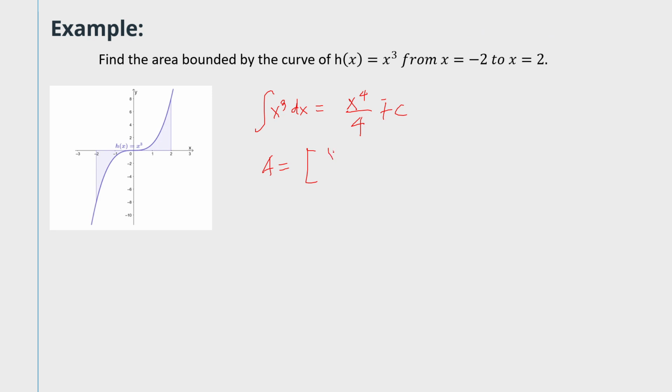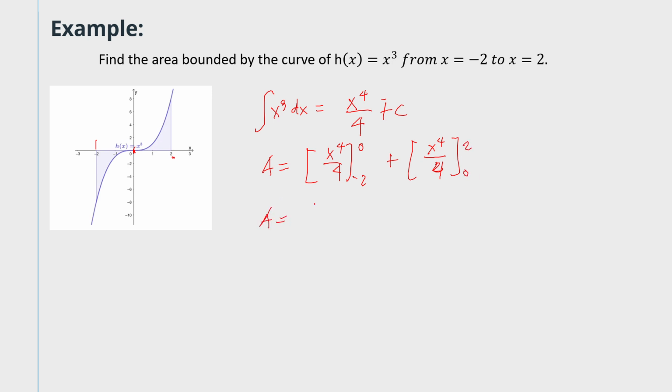So this is x raised to 4 over 4 from negative 2 to 0. Then we are going to add the area from 0 to 2. X raised to 4 over 4, from 0 to 2. Okay, we need to add the area.